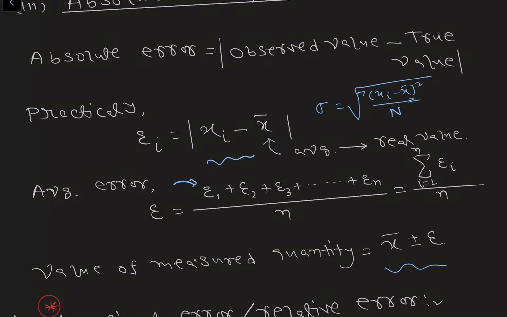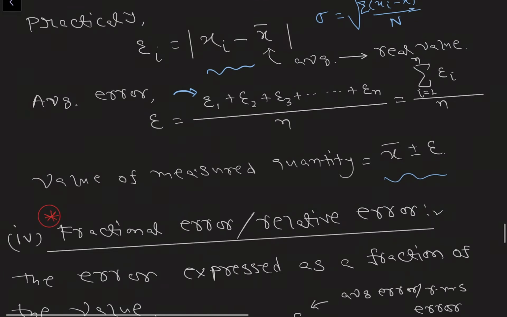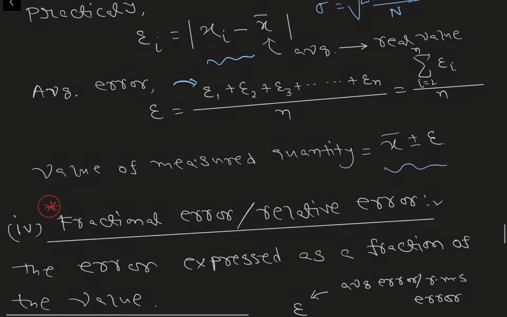So we can state here that sigma is the average of the square of the absolute error. That's why we call it root mean square: we have to take the mean of the squares and then take the root.